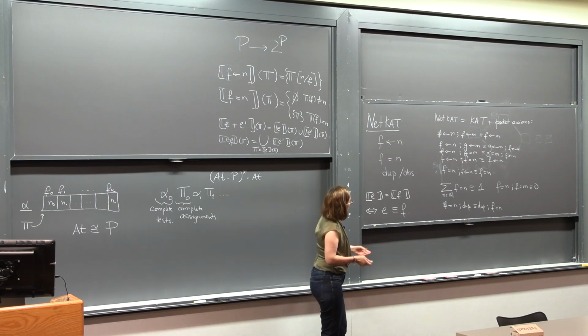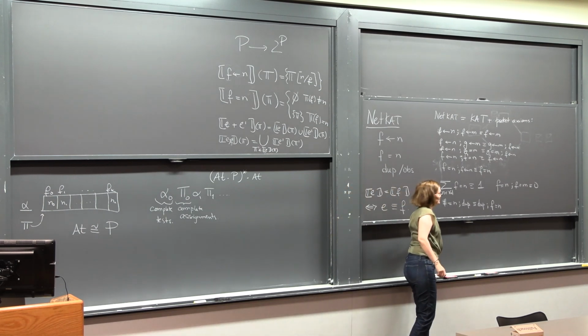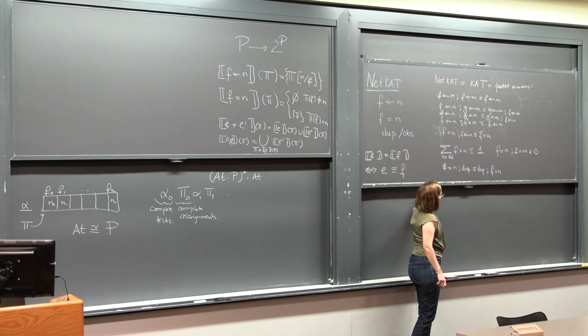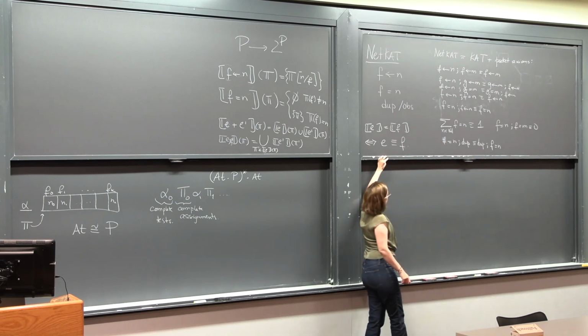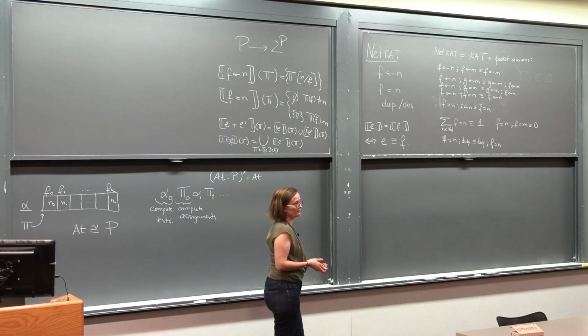Now, as always, these axioms are nice and algebraically super interesting, and that's why we love them. But when you want to use this in practice, you want to do a more efficient checking of equivalence.